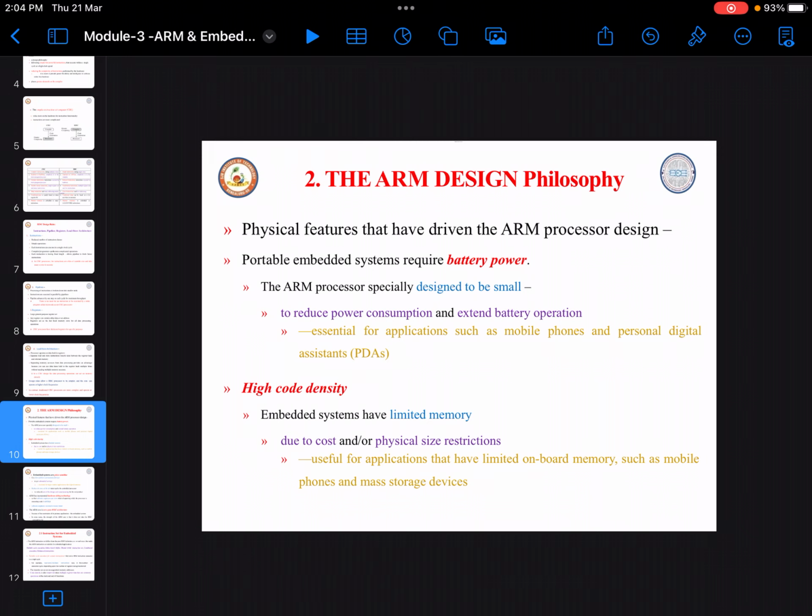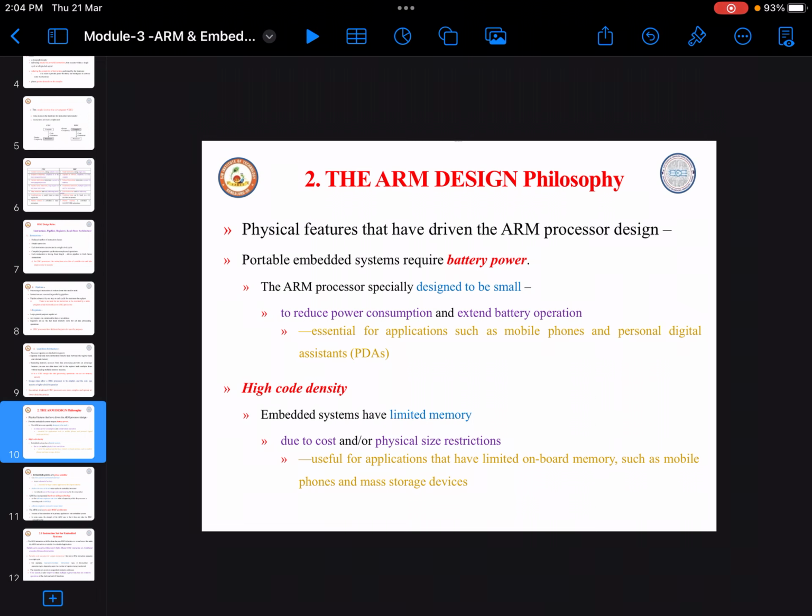Coming to the ARM design philosophy, the physical features that have driven the ARM processor design are mainly portable embedded systems. Usually they require battery power.